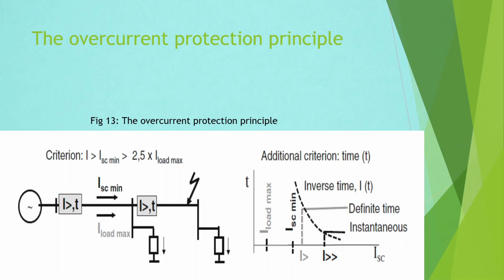Following this principle, two methods are applied. The definite time overcurrent protection trips with a definite time delay if a definite overcurrent I is exceeded. Extremely high short circuit currents I are tripped without or with a limited minimum delay.